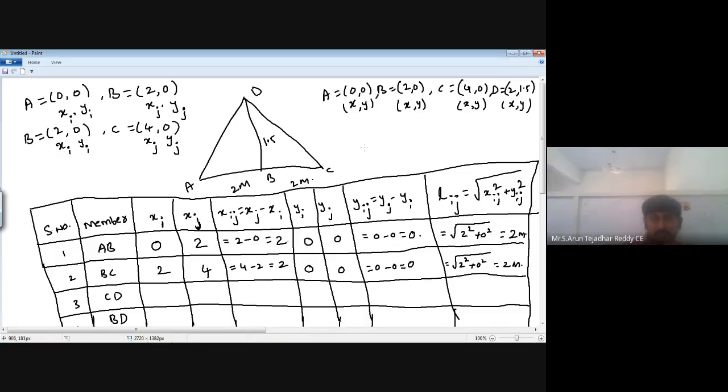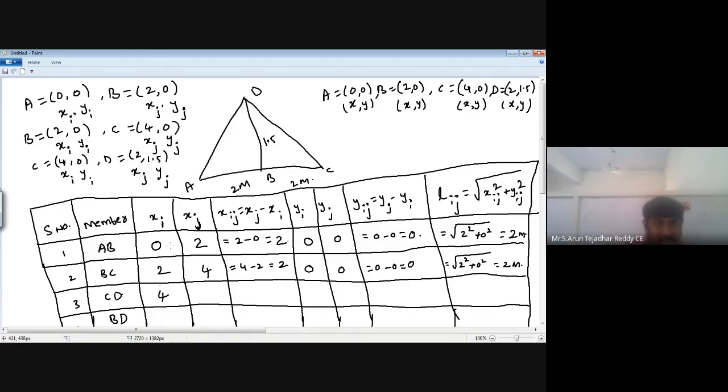Next is member CD. It means C coordinate, D coordinate. C is equal to 4 comma 0. D is equal to 2 comma 1.5. Same x, y, x, y, it means xi, yi, xj, yj. Same values apply here. Xi is 4 meter.